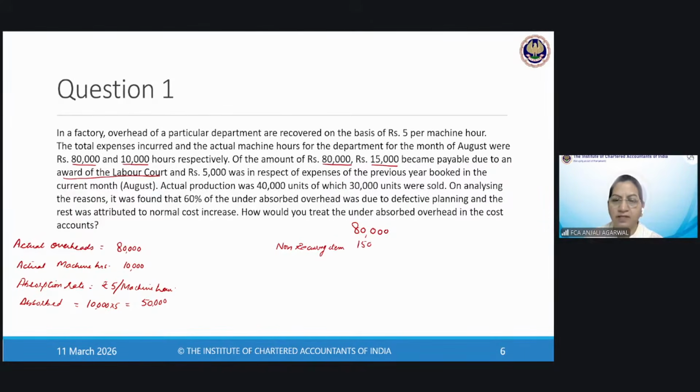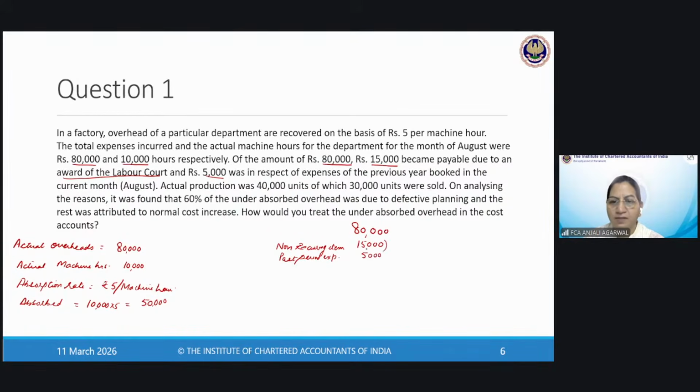So we cannot say that the expenditure for August was 80, rather 80 minus 15, it was 65, because this will not happen again and again. So we cannot say that our overheads are under absorbed by 30. But there is another 5,000, which is related to the previous year booked in the current month, August. So past period expense has been charged to August, 5,000.